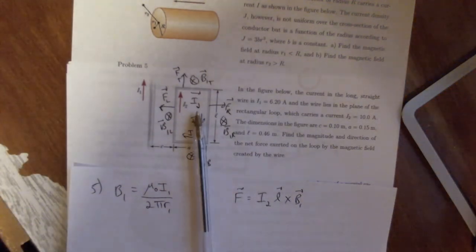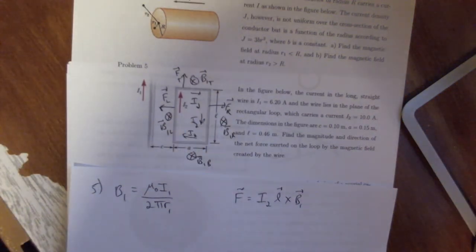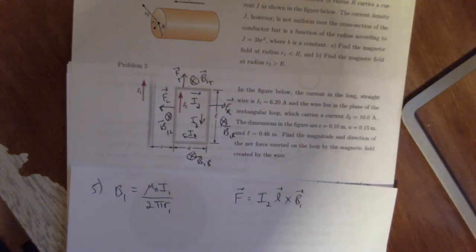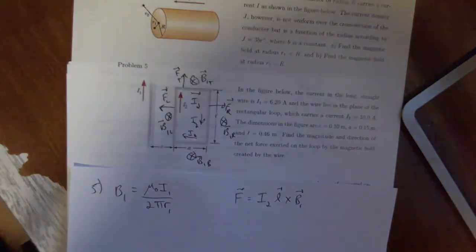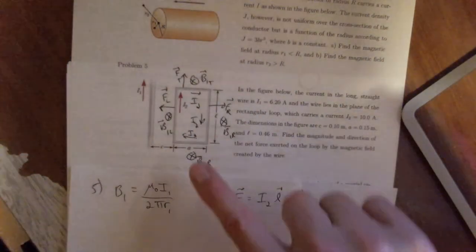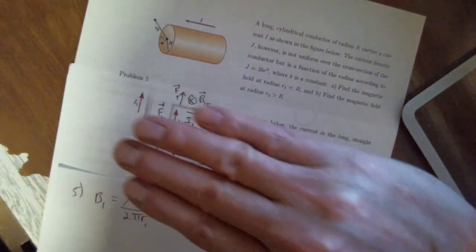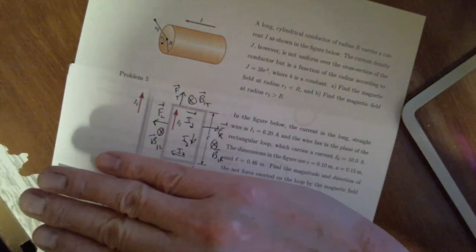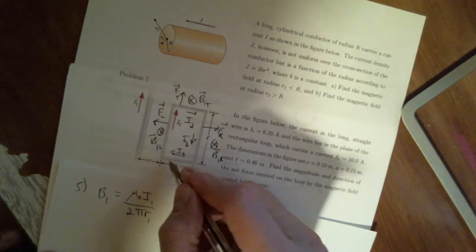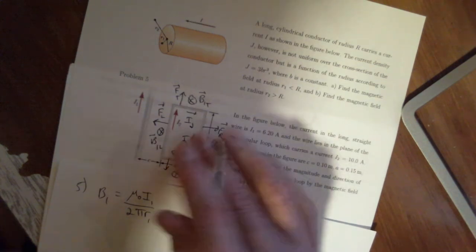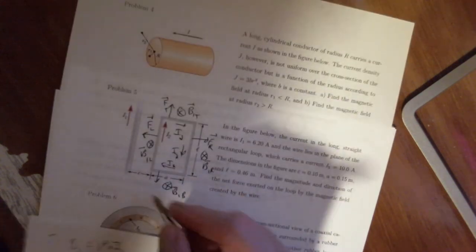Let's see. Okay, yes. I took a moment to think about it, and yes, I'm fine. So IL cross B at the bottom, I stretch my fingers along IL. I slap into the page for B, and my thumb points down. So the force at the bottom is down.